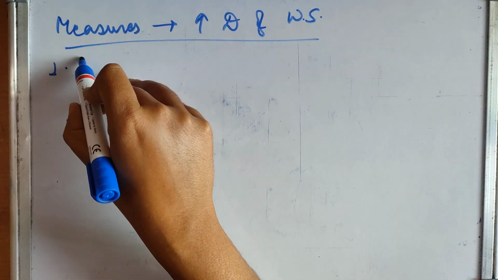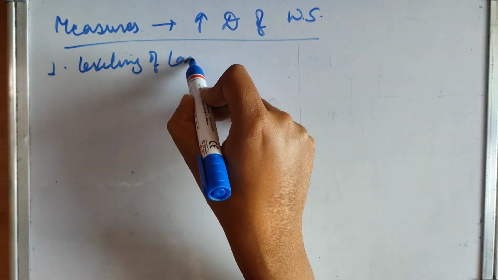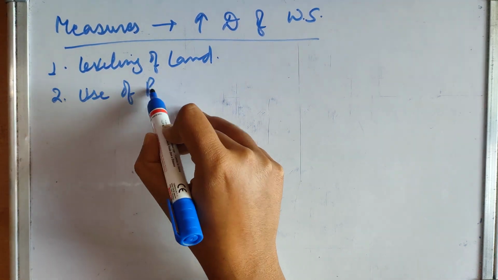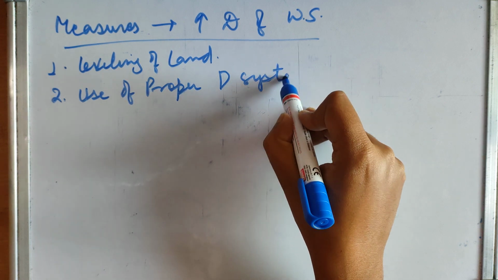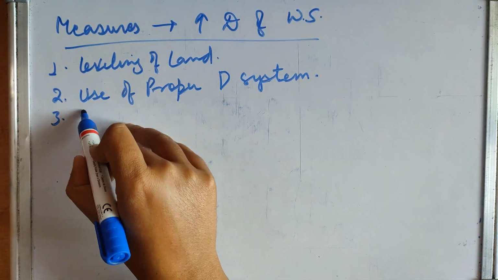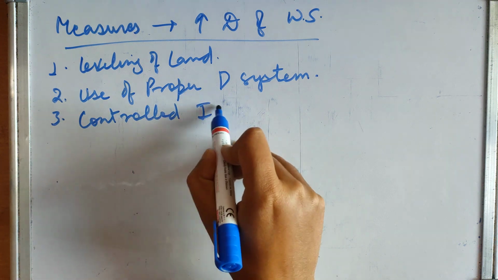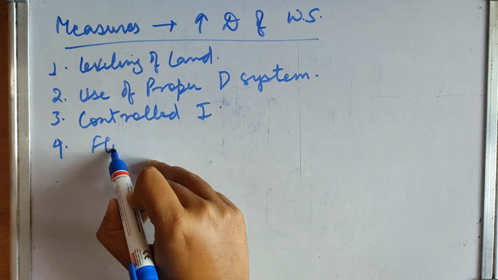First of all, we will level the land. Use of a proper drainage system. We need to do controlled irrigation.